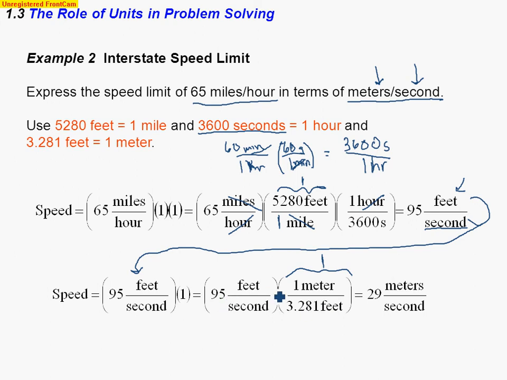So if you multiply 95 times 1 divided by 3.281, you get 29. So here our feet we put on the bottom so that they cancel out with our feet here, which were on the top. And now we're left with meters on top and seconds on the bottom. 29 meters per second. So we've successfully converted from miles per hour into meters per second.